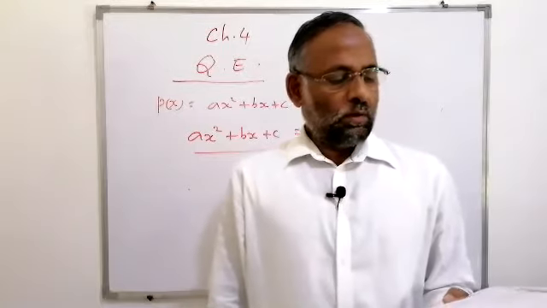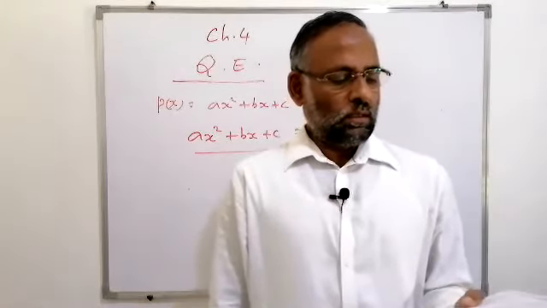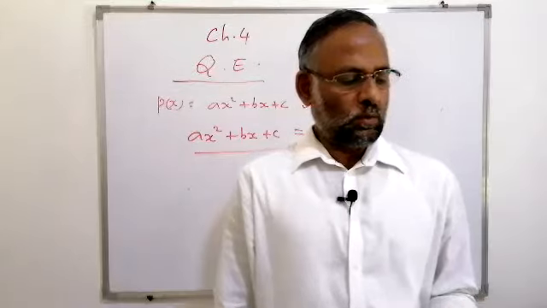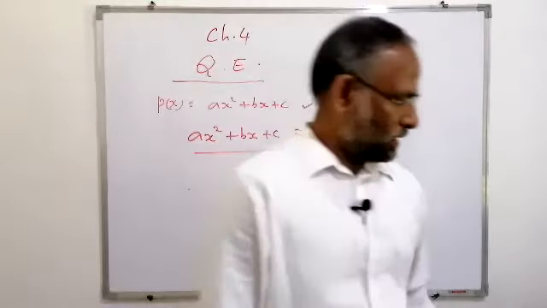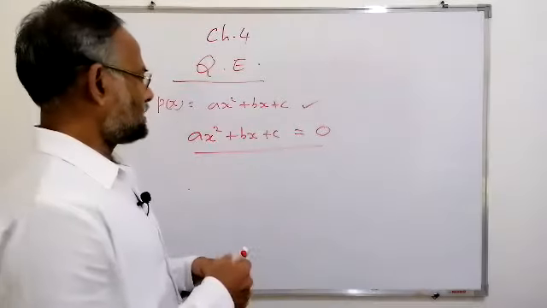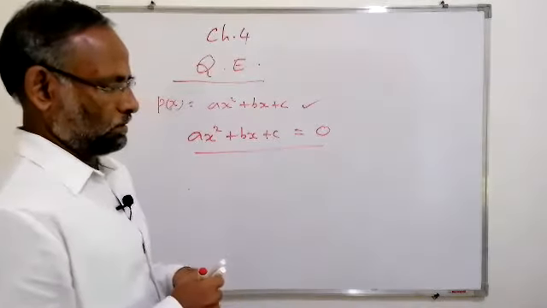Now, you can see exercise 4.1. Check x square minus 2x, that is equal to 3 minus x into minus 2. All of you do the example. Check whether it is a quadratic equation or not.